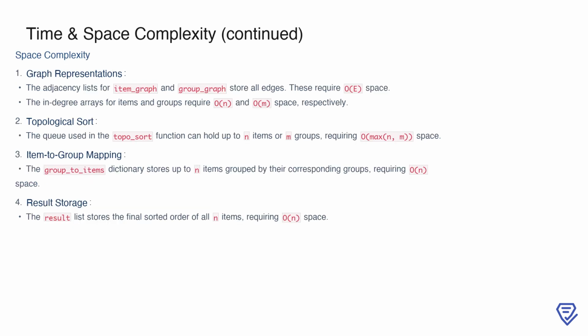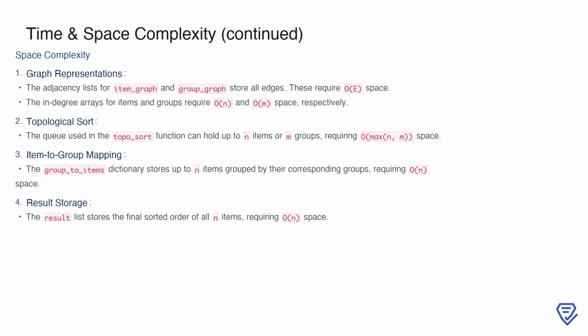To analyze the space complexity, we look at the memory requirements for each component of the algorithm. First, the adjacency lists for the item graph and group graph store all edges, requiring E space. The in-degree arrays for items and groups require n and m space, respectively.